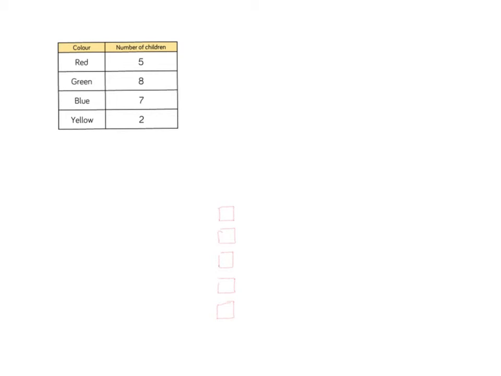Okay, then we have 8 children who like the colour green, so we can have 8 little squares to represent the 8 children.